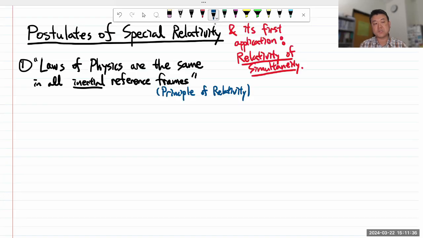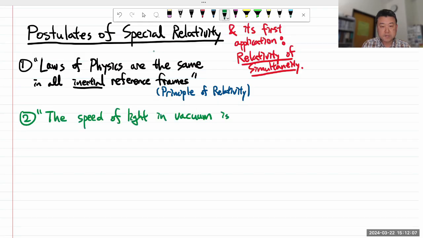So I gave you the first postulate of special relativity, and the second postulate is this. Let me state it the way I think it's typically stated. The speed of light in vacuum is always at a constant value that we have given the letter c to. c is approximately 3 times 10 to the 8 meters per second.